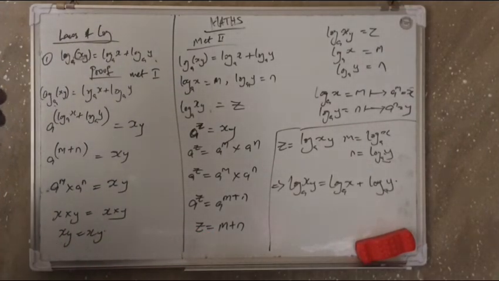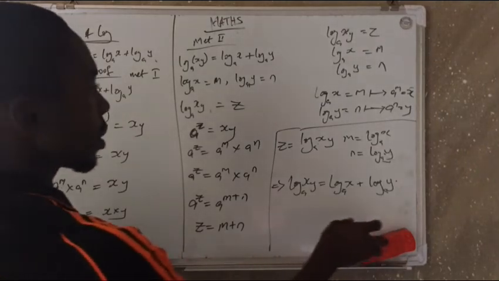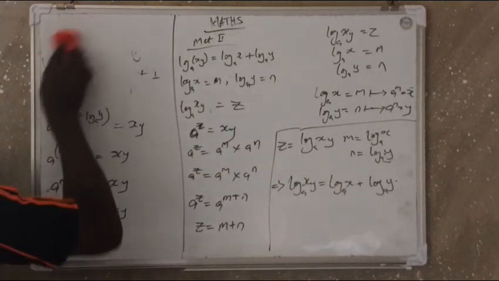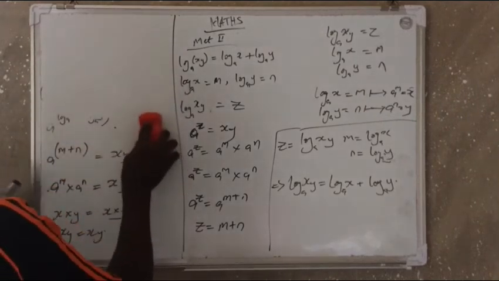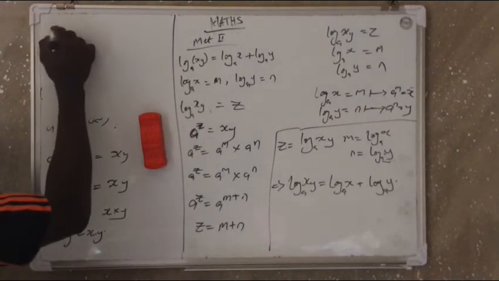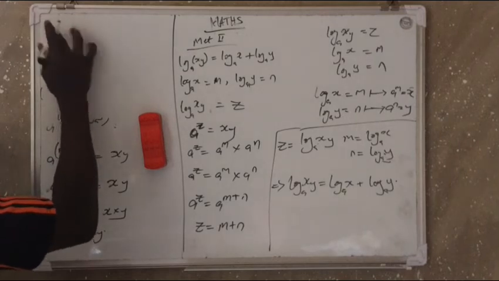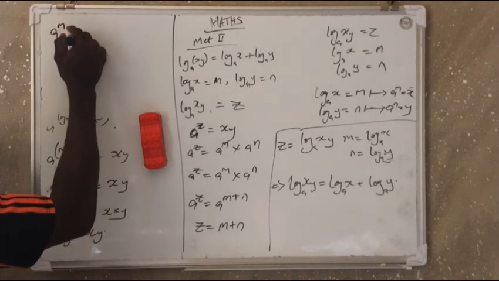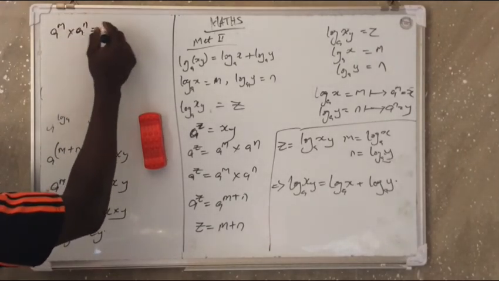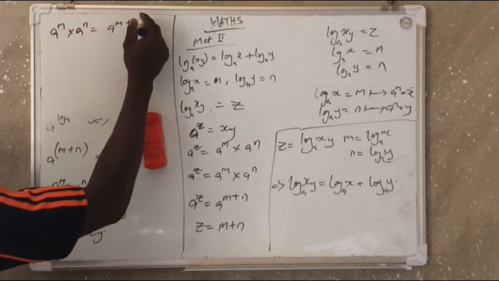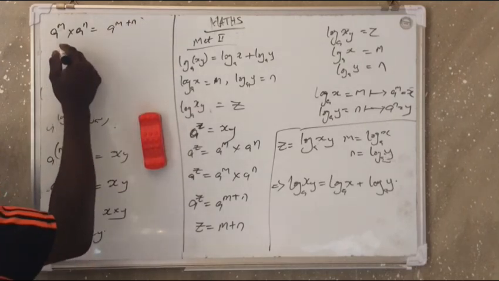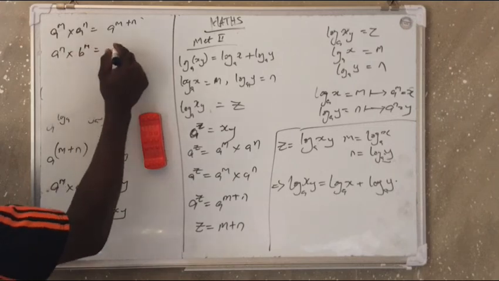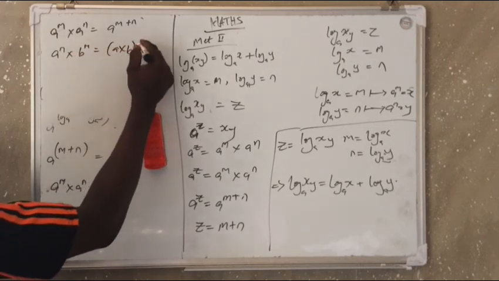So now I tried many other things. I tried to use a raised to power m multiplied by a raised to power n to be equal to a raised to power m plus n, and I tried using a raised to power m multiplied by b raised to power m to be equal to a multiplied by b all raised to power m.